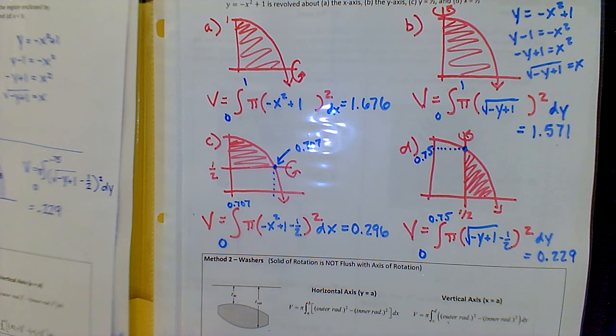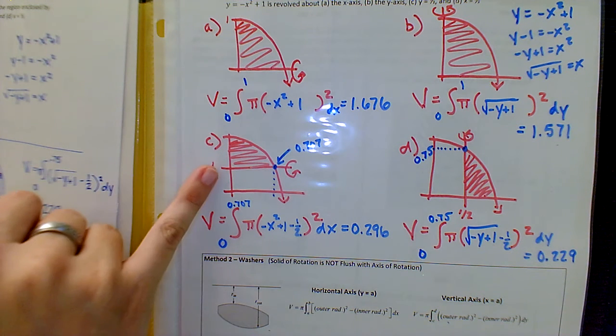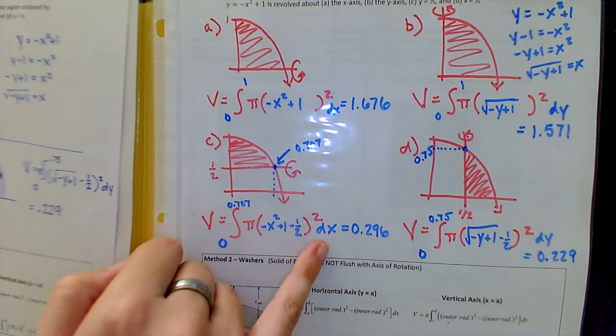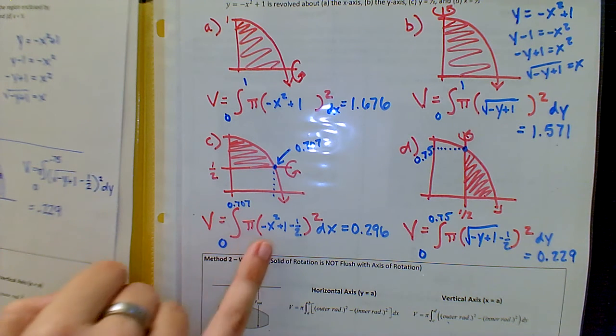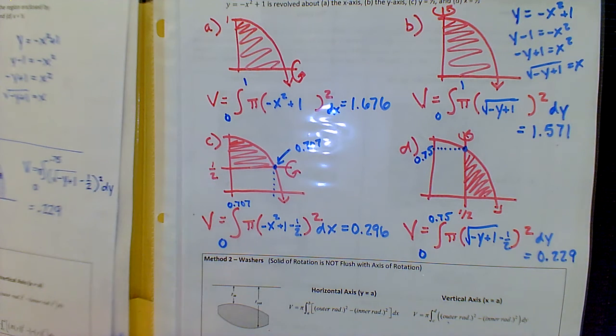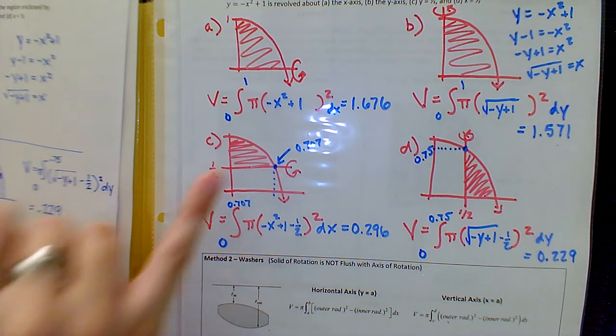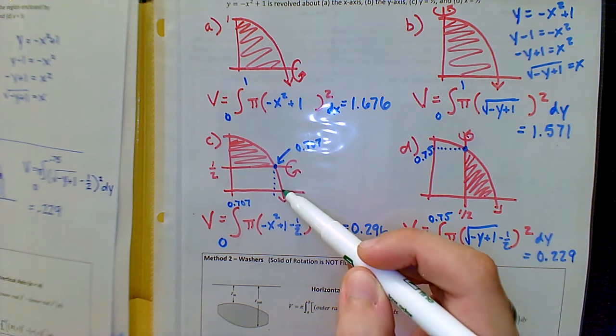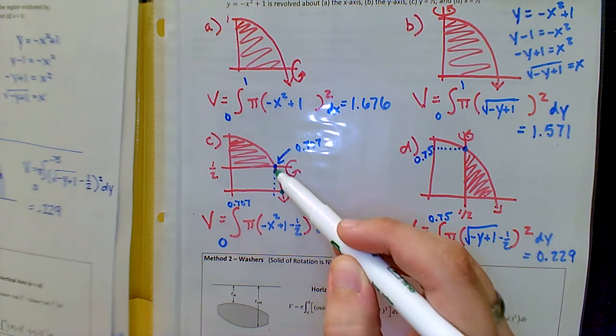Right. C and D, kind of trickier ones because you have a different axis of rotation. In part C, we're going around a horizontal line, so we need that dx. And we could write equation minus axis, which is that 1/2. What's a little tricky with this one is you had to figure out that intersection point because you're no longer going to this x-intercept.